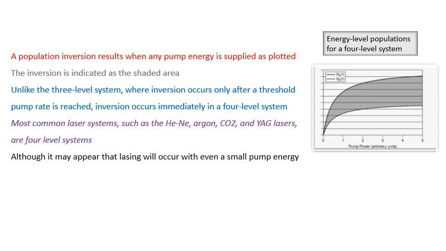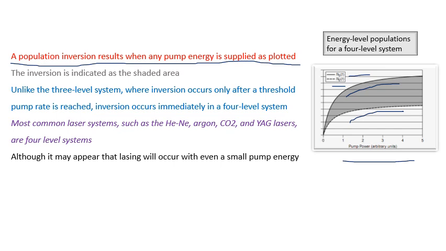There are some things you mentioned, that population inversion results when any pump energy is applied. Okay, you can see here the pump power. This is N2, this is N3. So with the increase of the pump power, these N2 and N3 with time are also increasing here.